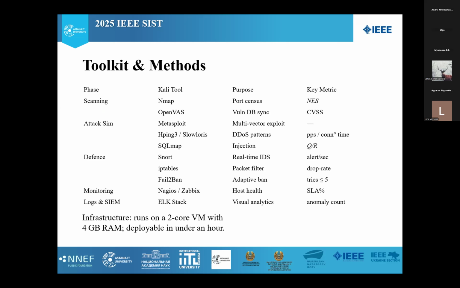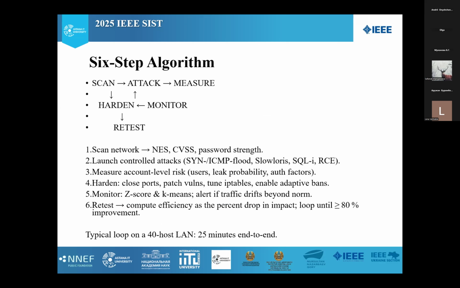So it deploys very fast, and it shows that good defense doesn't need very expensive hardware. For the attacks, we use different tools like SQL injection and something like that. And for protection, we use IP tables and fail2ban.